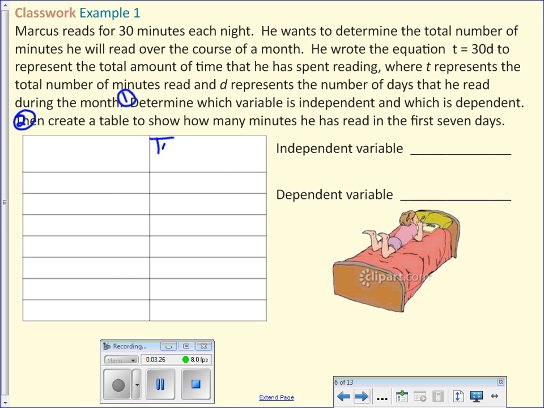We do want to know the total number of minutes that he read, and that's 30D. We know that from the equation. Well, how many minutes did he read? If he read 30 minutes per day, do we know the total? No. What do we have to know before we know the total? Yeah, first we have to know the number of days.